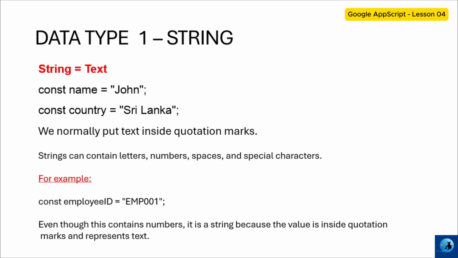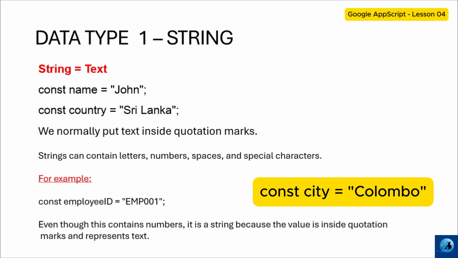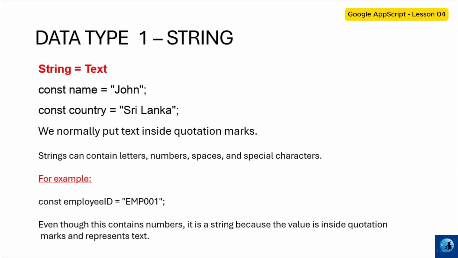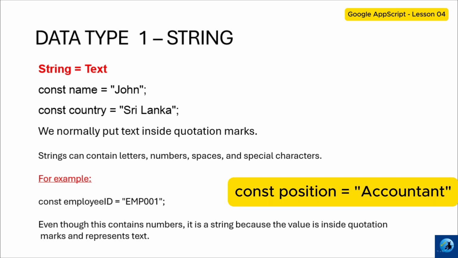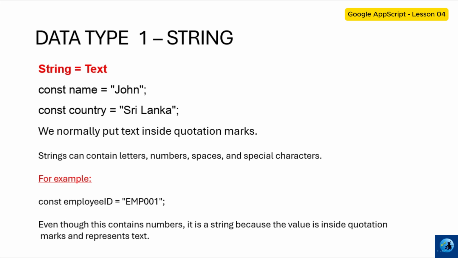Likewise, I can provide many examples. The next example is we can create a variable called city and we can assign Colombo as a value. So Colombo is a string. Likewise, another example, we can create a variable called position and we can assign the word accountant to that position. We have included that word within inverted commas. So accountant is a string, right?